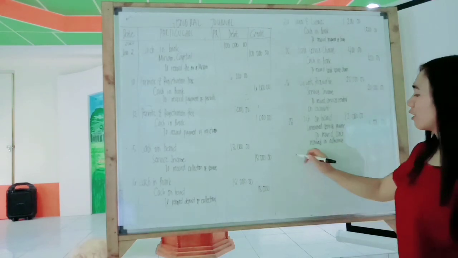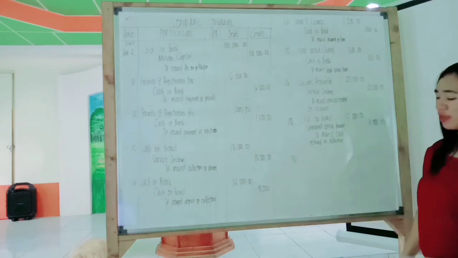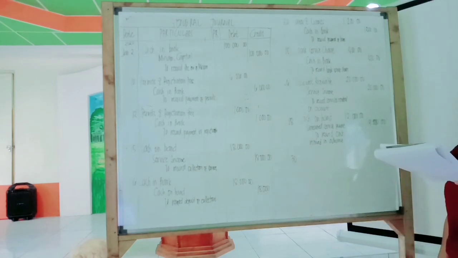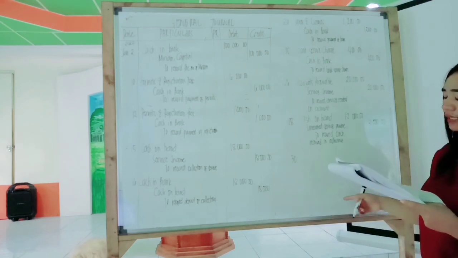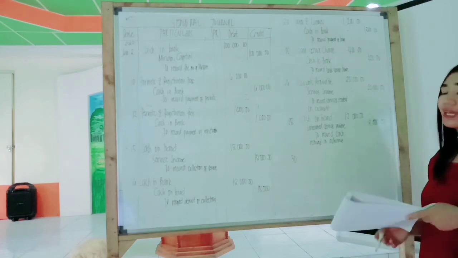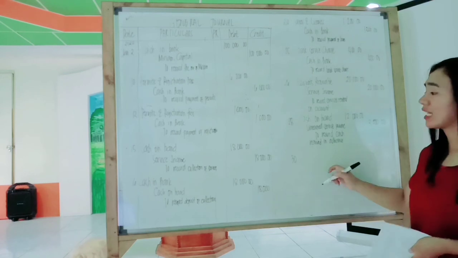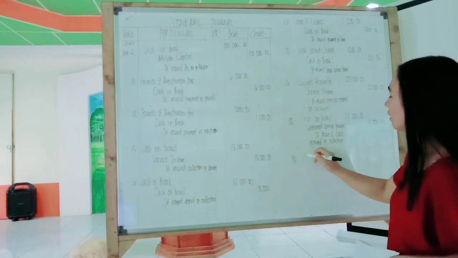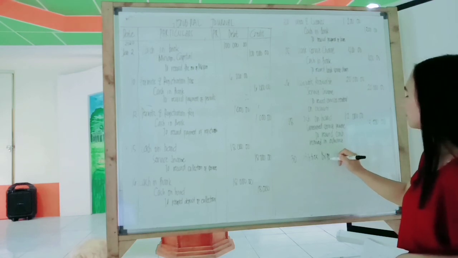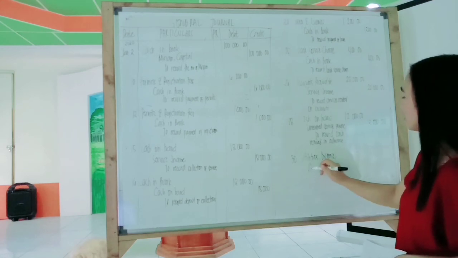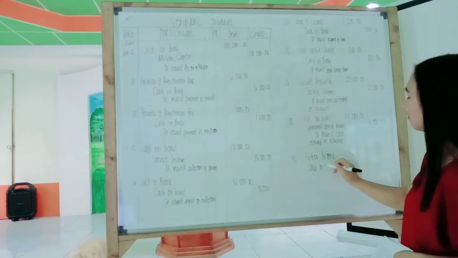And then, January 30, payment of electric bill. Nagbayad tayo ng electric bill. So, chineke natin siya. I-charge natin siya sa cash in bank. Utilities expense. And then, cash in bank.